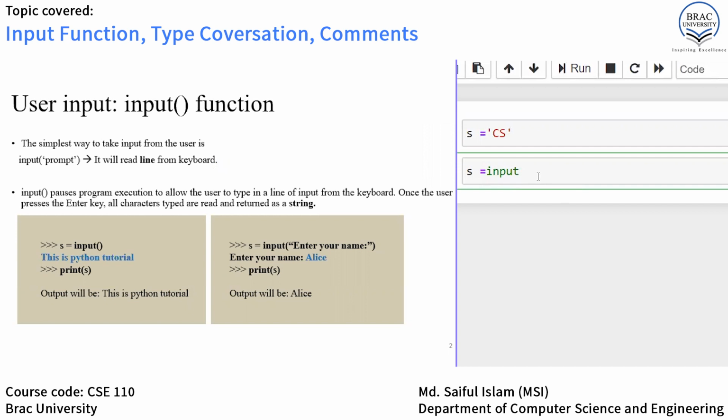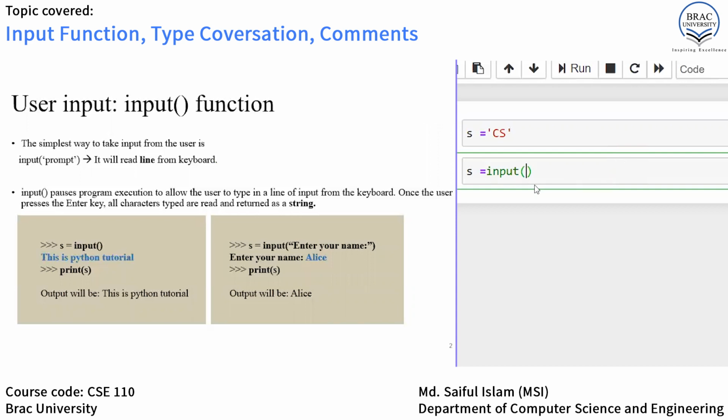For example, here we are expecting a name from the user, isn't it? So that is why we should give a message inside a string: enter your name. And obviously we have to give parentheses here.